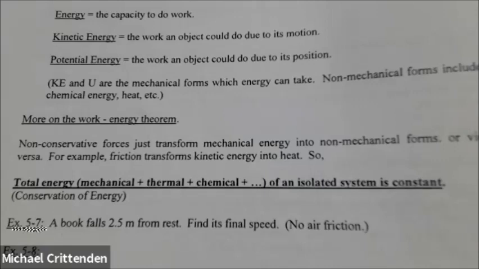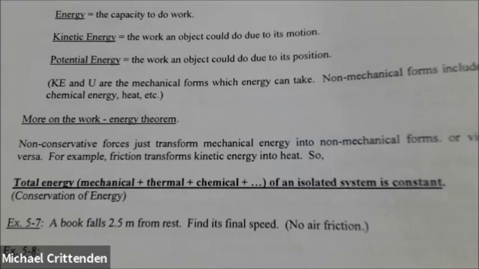Potential energy, the work that an object could do because of its position. How high is a mass located in a gravitational field? Or where is a charged object located in an electric field? Or if an object is attached to a spring, how far has it been moved from where the spring would be at its equilibrium length, that sort of thing.